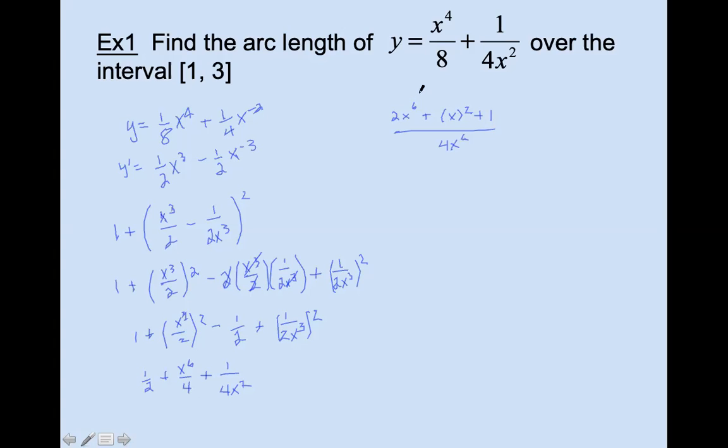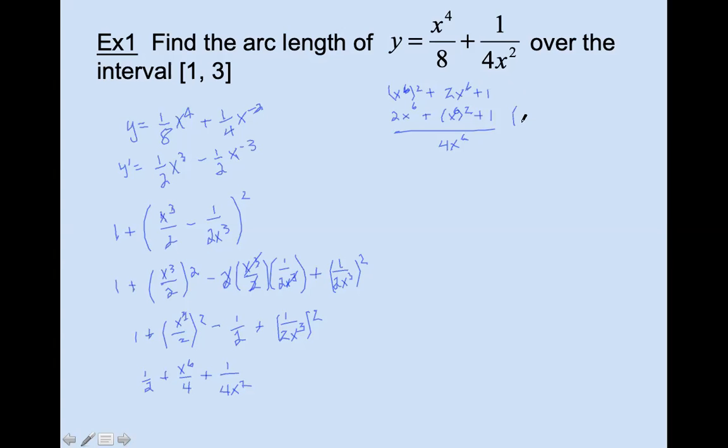If you reorder these terms, I have x to the 6th squared plus 2x to the 6th plus 1. And hopefully you can see that that is a perfect square trinomial.